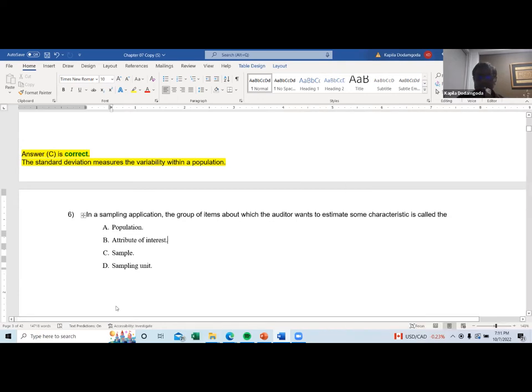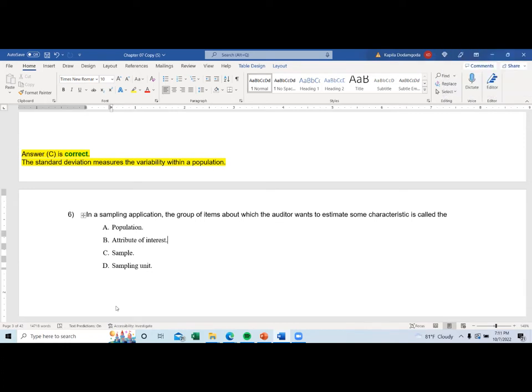What do you think the answer is? The group of items about which we want to estimate the characteristic is what? Population. Because we want to study the characteristics of a population.